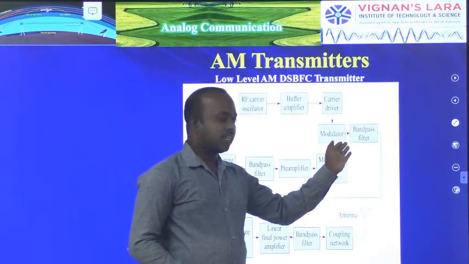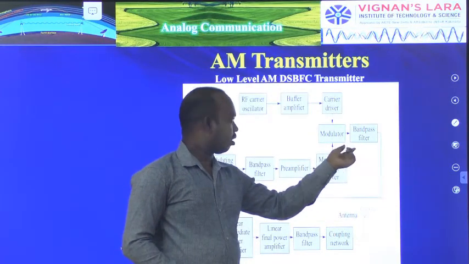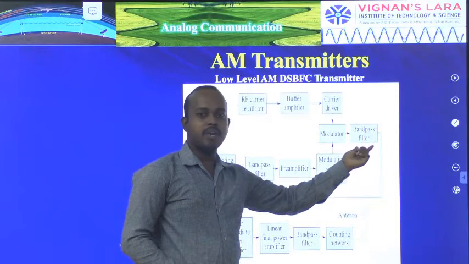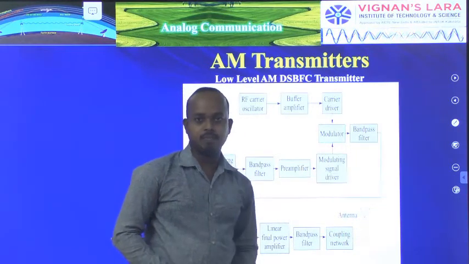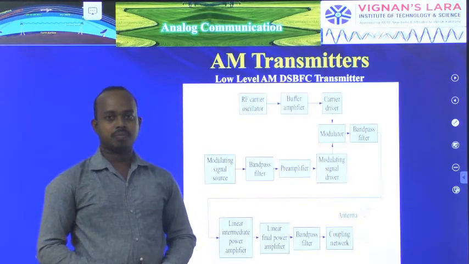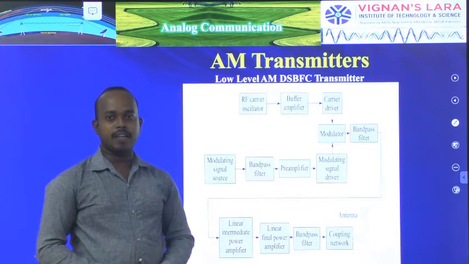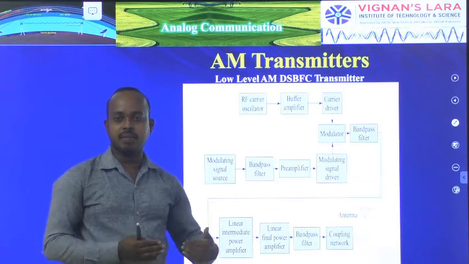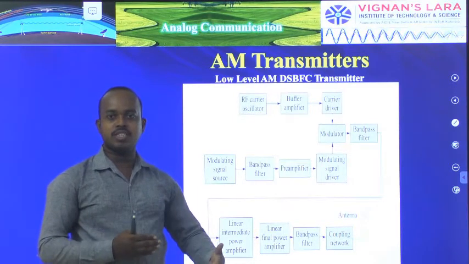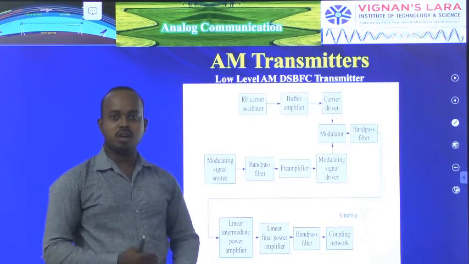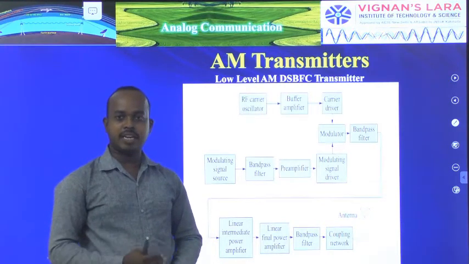The modulator will generate the AM modulated signal, which is assigned to the band pass filter. The band pass filter limits that signal. If any signal is below its band, it is attenuated. If the value is above its range, it is also eliminated or neglected.